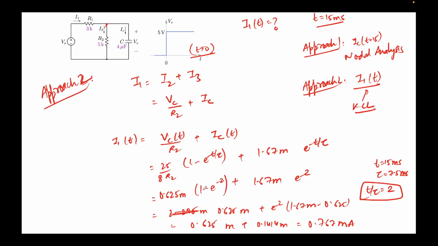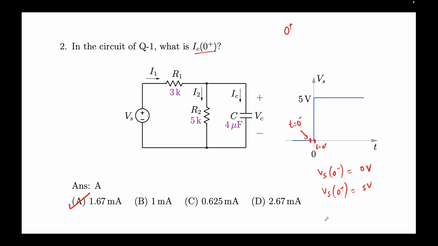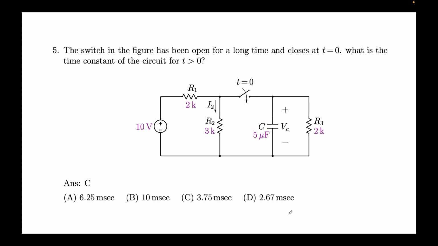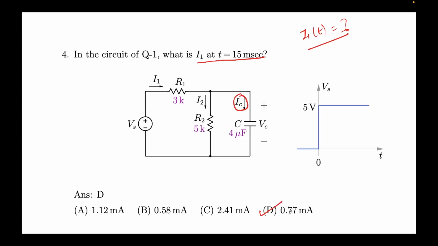I wrote their expressions, and since t equal to 15 milliseconds is the point at which we are interested, we simply found that I1 at t equal to 15 was this much. So t by tau equal to 2. We found 0.767 milliamps, and that is option D, that is over here. So that's all.